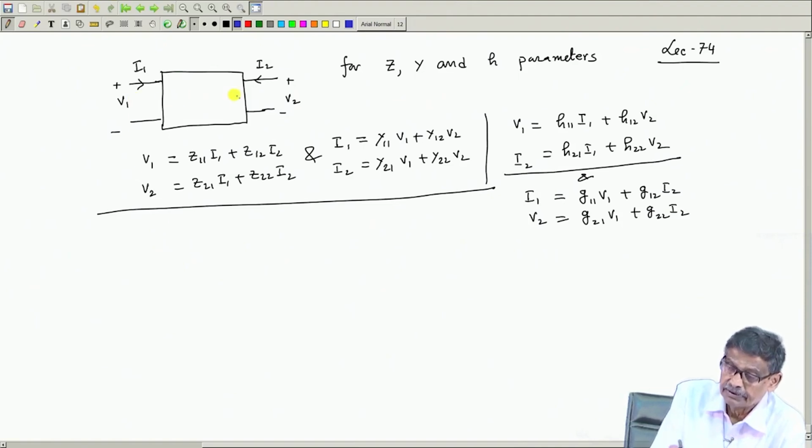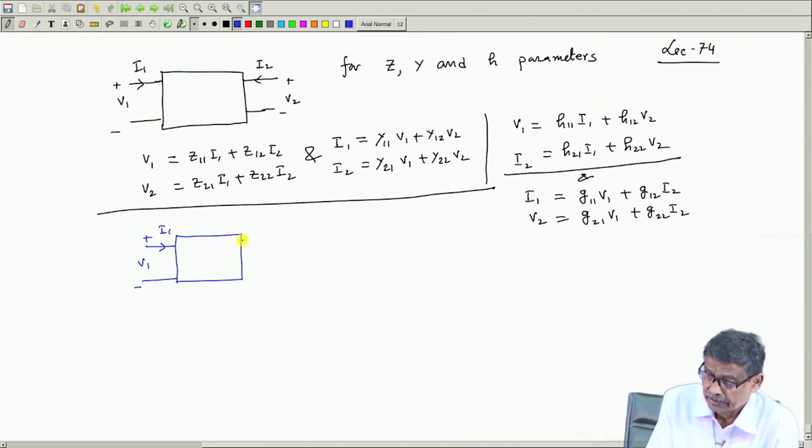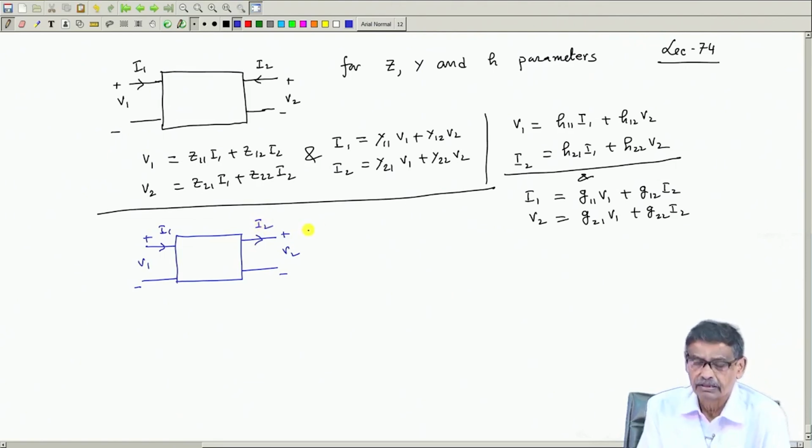The voltage of port 1 keeps its polarity as it is, and the voltage of the other port also keeps its polarity, but for I2 we will indicate it is coming out, because of the nature of a transmission line.